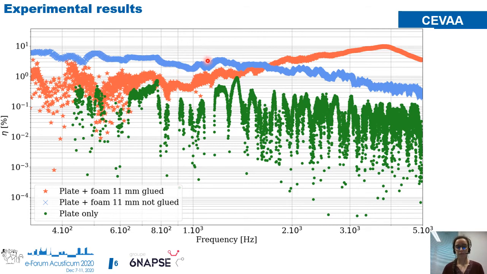The blue curve has a loss factor higher than the red curve between 350 and 1500 Hz. In conclusion, the foam interface configuration plays a key role on the frequency range of the loss factor.